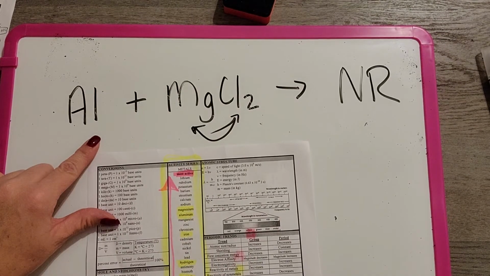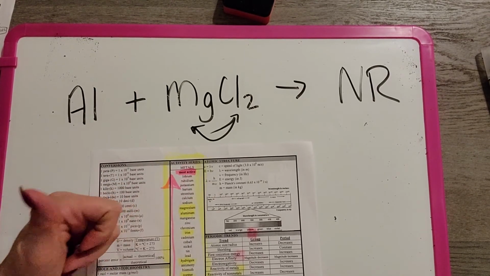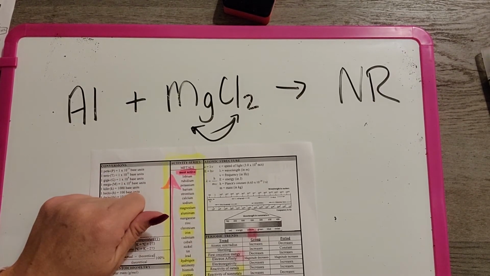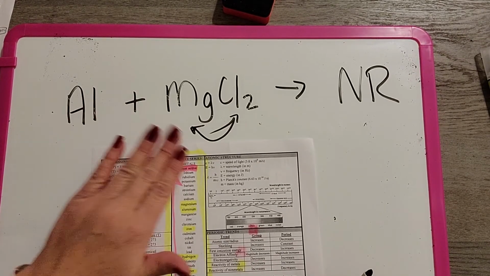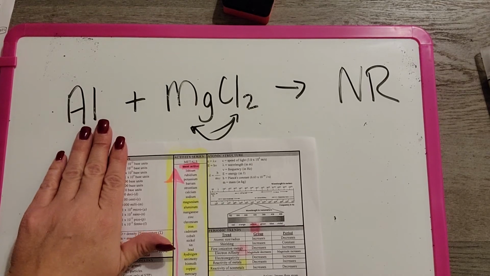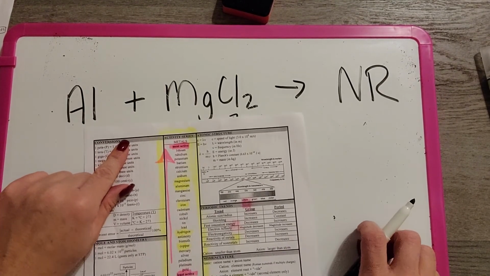If the single metal by itself is higher up on the list than the one that's in the compound, then the reaction is going to happen. It's going to be a yes. At the end of the lab, you'll count up all of your yeses to see which metal was more reactive and see if you get the same order as this list. All right, let's try it out.